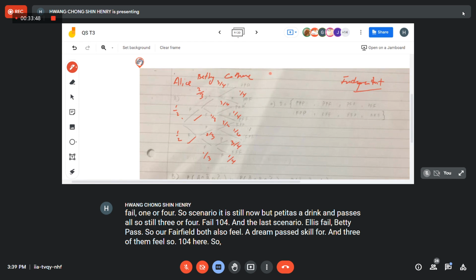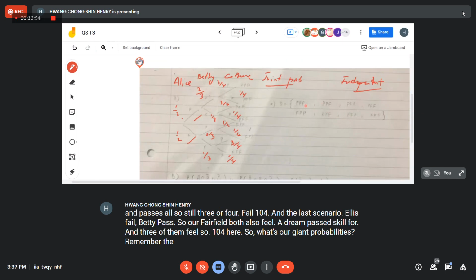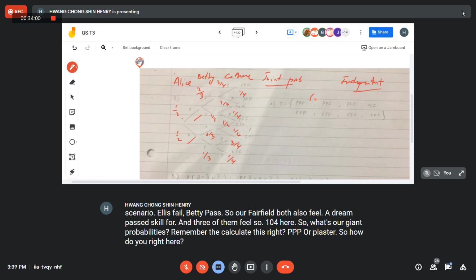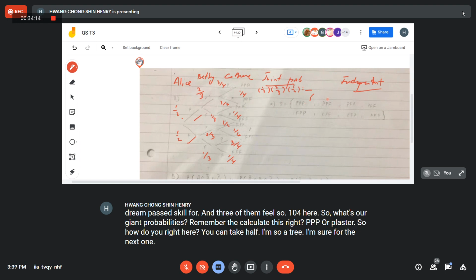So what is our joint probabilities? Remember, I have to calculate this, right? PPP, all pass. So how do you write here? You can take half times 2 over 3 times 3 over 4. The next one, PPF.